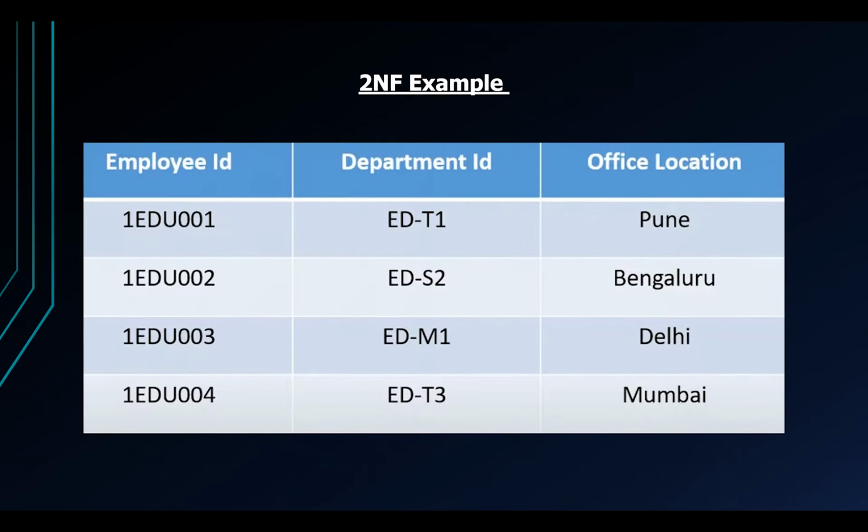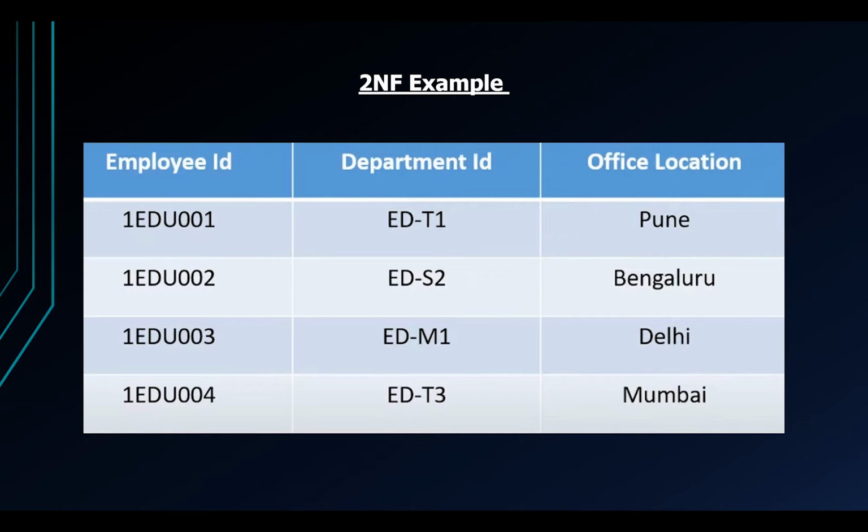This table has a composite primary key, that is employee ID and department ID make up the primary key. The non-key attribute is office location. In this case, the location only depends on department ID, which is only a part of the primary key. Therefore, the table doesn't satisfy second normal form.